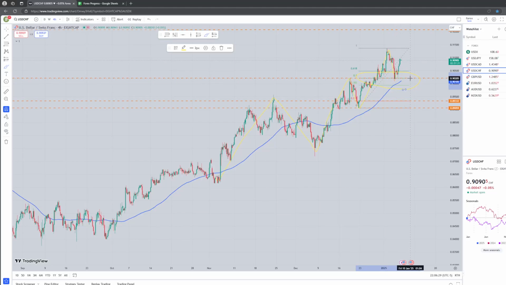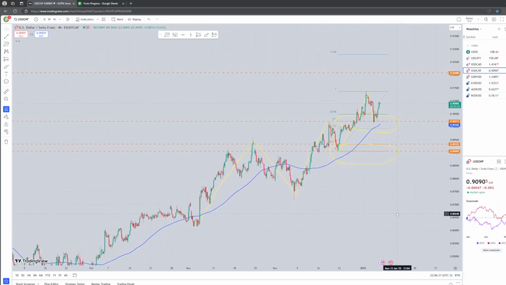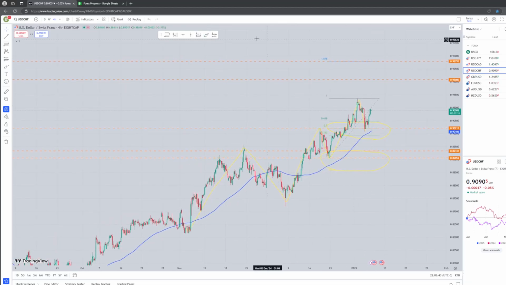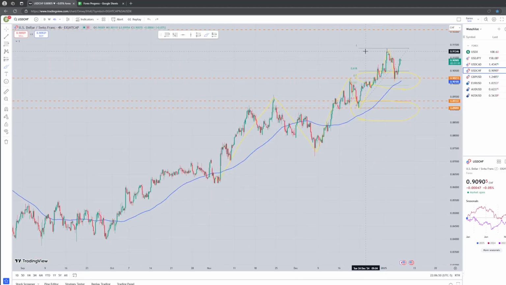Here I entered the really good zone at 50% retracement. I set my stop loss below the local minimum here, and I set my take profit at the Fibonacci extension 1.618 up there. So my risk and reward ratio is about 1-to-3.